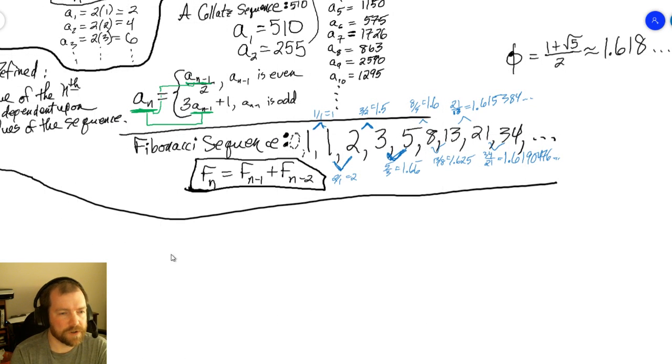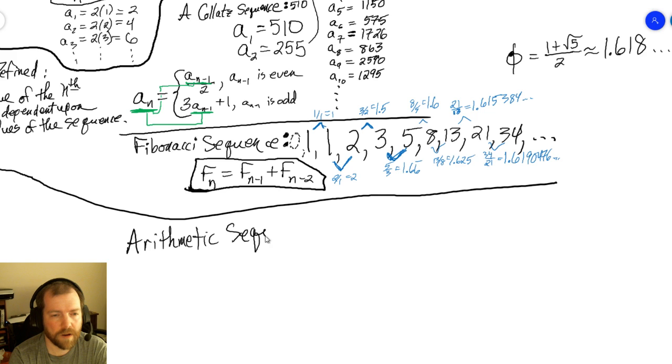There are two main types of sequences that we can start getting into with a lot of students, saying like, oh, there are really specific patterns that occur when you have what are called arithmetic sequences and geometric sequences.